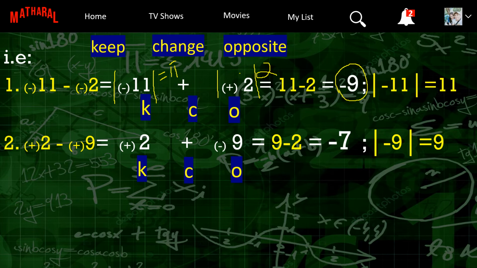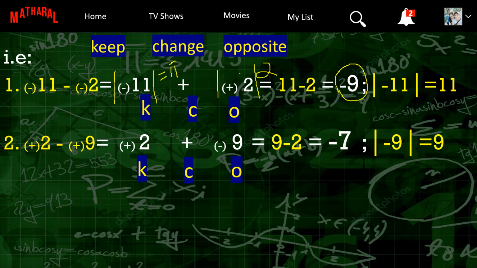So next, positive 2 minus positive 9. So in here, keep the first integer, change the subtraction to addition, and take the opposite of positive 9, which is negative 9.